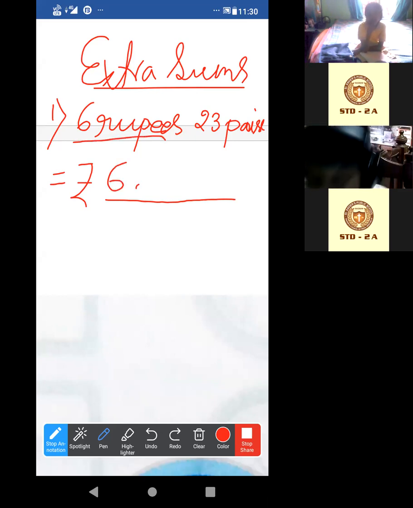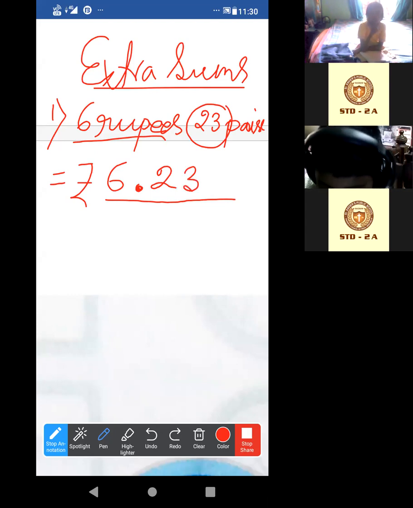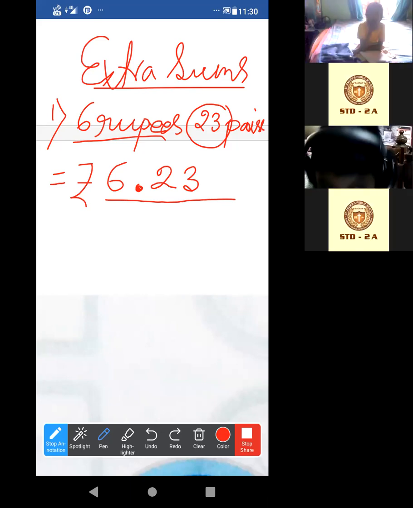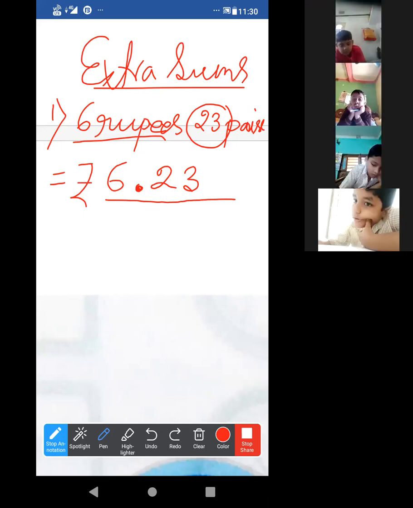Then put the decimal point. Then this 23 paise. Got it? How to combine? Alvira, understood? Avigyan, Aditya, Pranavi, Aratrika, Anurag, understood?